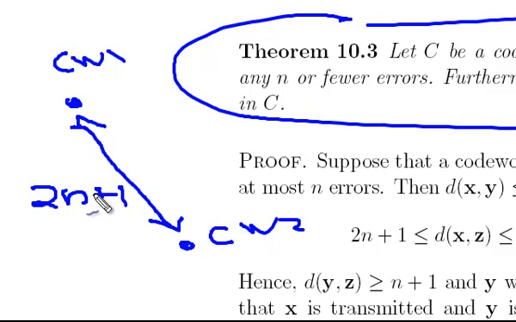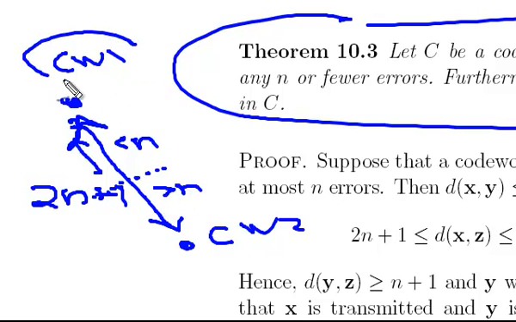Now, there's a dividing line here. If I have fewer than n errors, then I'll be closer to this code word than this code word. So with fewer than n errors, I'll go this way. If I have more than n errors, and I transmitted code word 1, then it's possible for me to decode as code word 2.